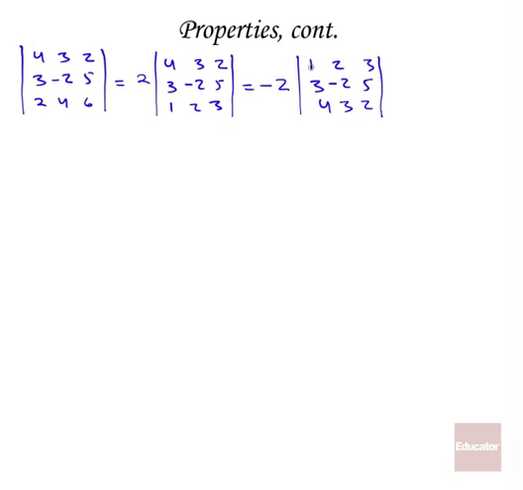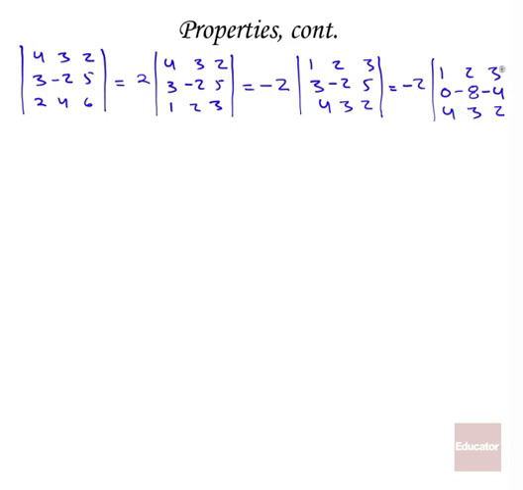Okay, now I have a 1 here, and I have a 3 and a 4. I'm going to multiply this first row by -3, add it to this. So we end up with -2 times 1, 2, 3, 0, -8, -4, 4, 3, 2.